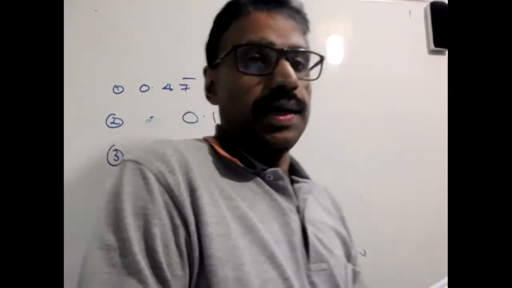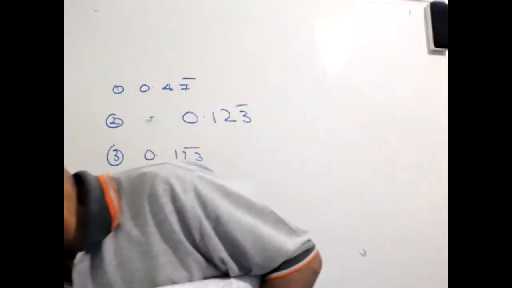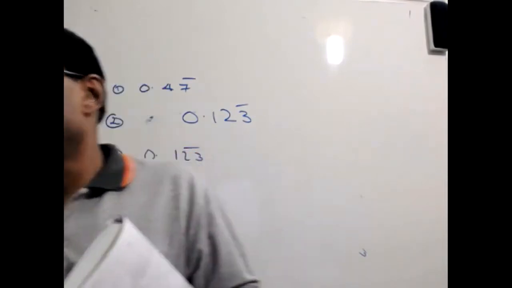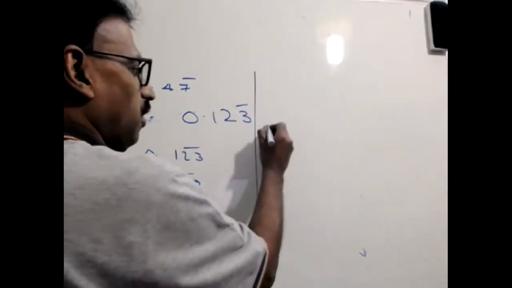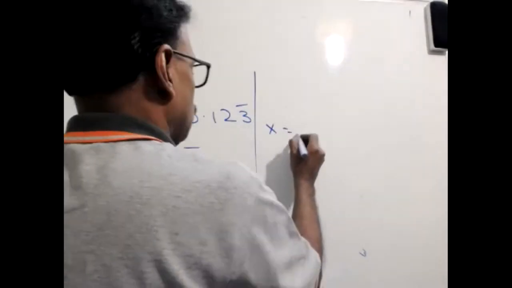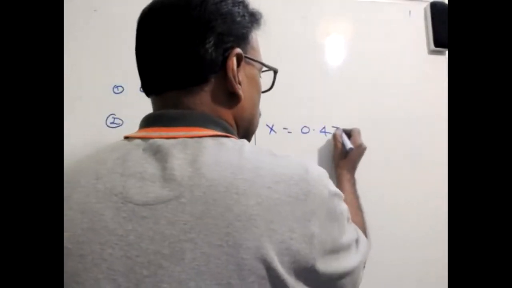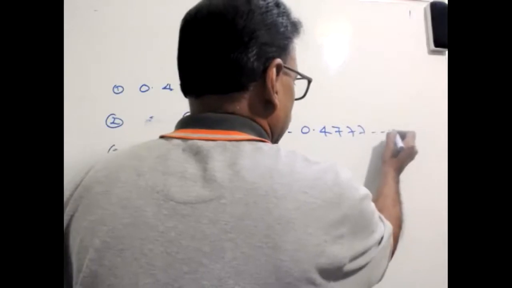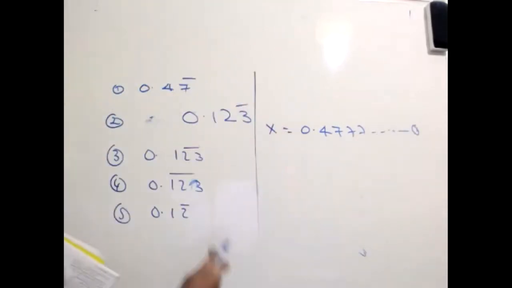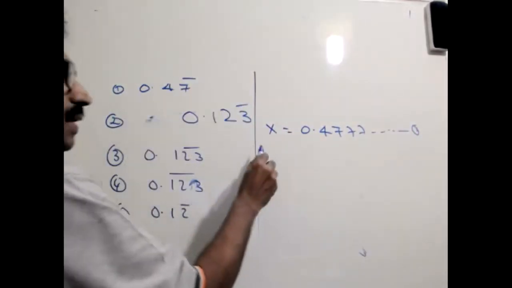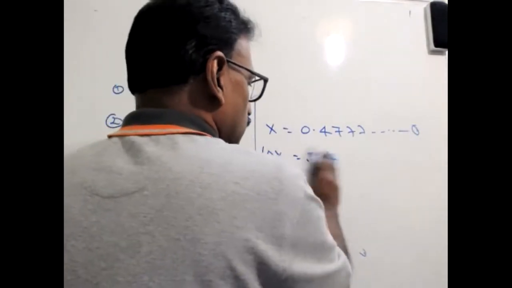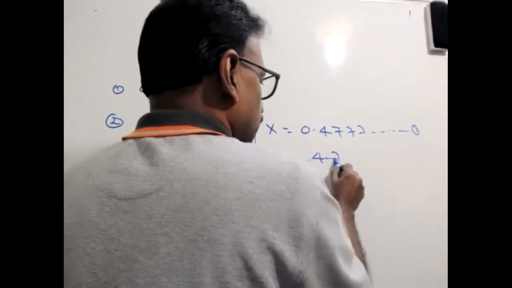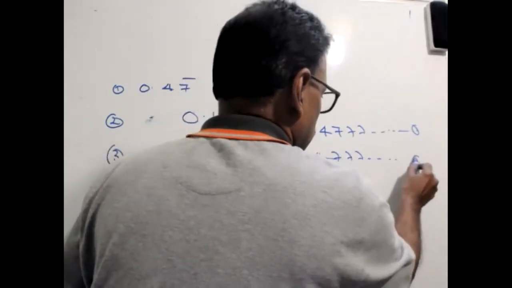Okay. So look here. Each question I'll explain here now. First of all, x equal to 0.4777. Call it number one. One digit repeating from here. 10x equal to 4.777, number two.